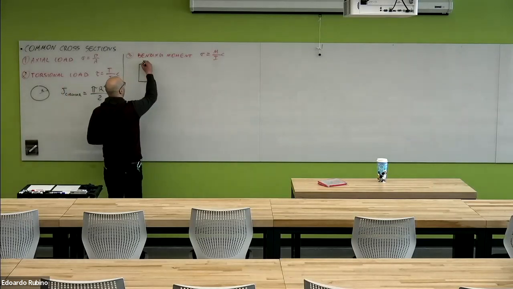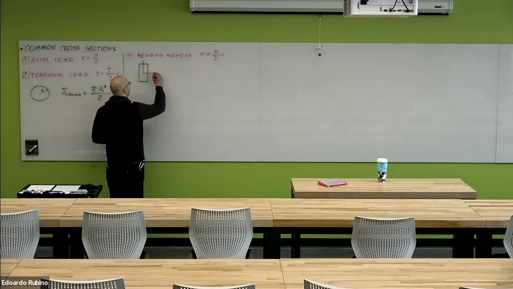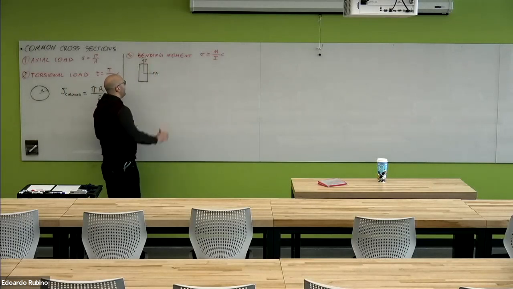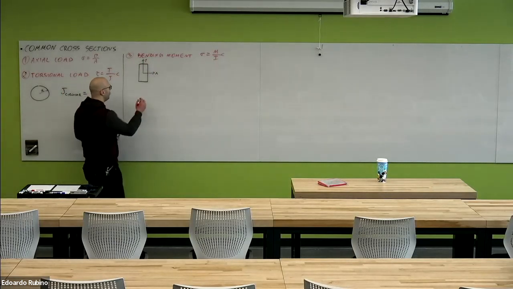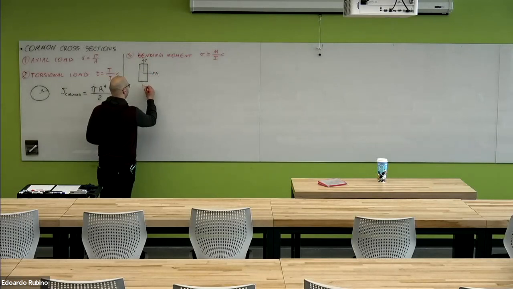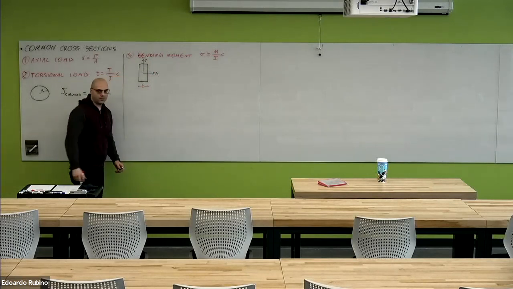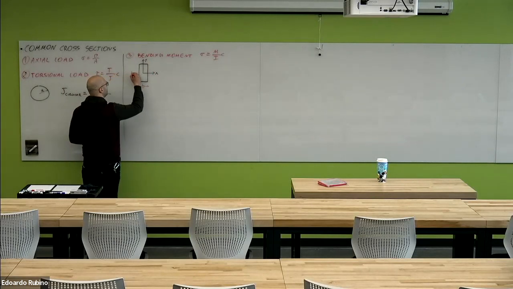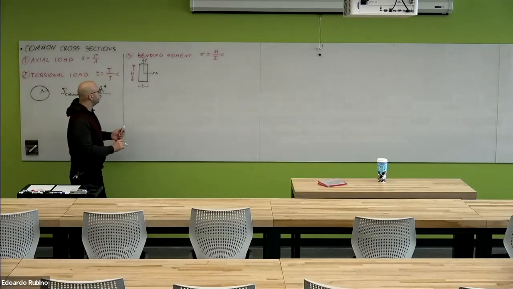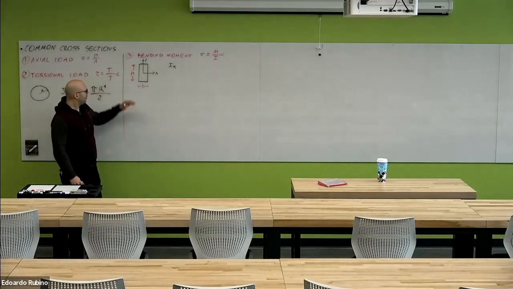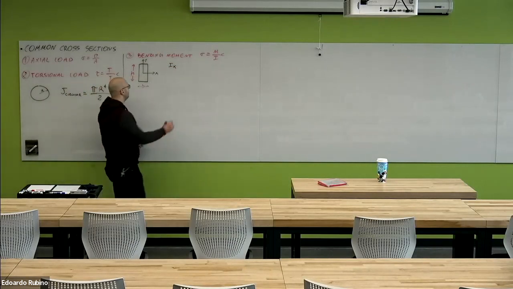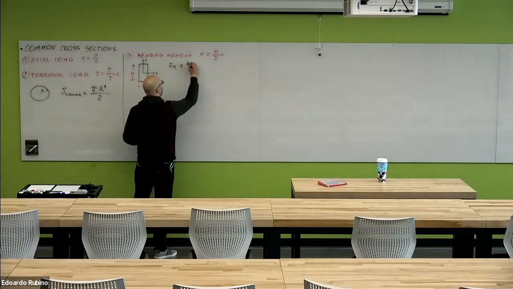So if we have that x is the horizontal axis and y is the vertical axis, and if we indicate with b the width of the beam and with h the height of the beam, we can have that the moment of inertia with respect to the horizontal axis, Ix, is given by b h cubed over 12.